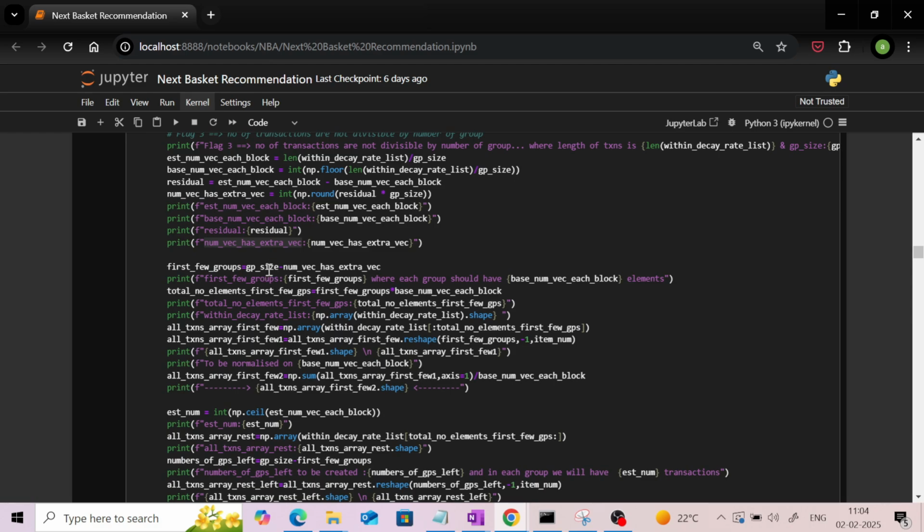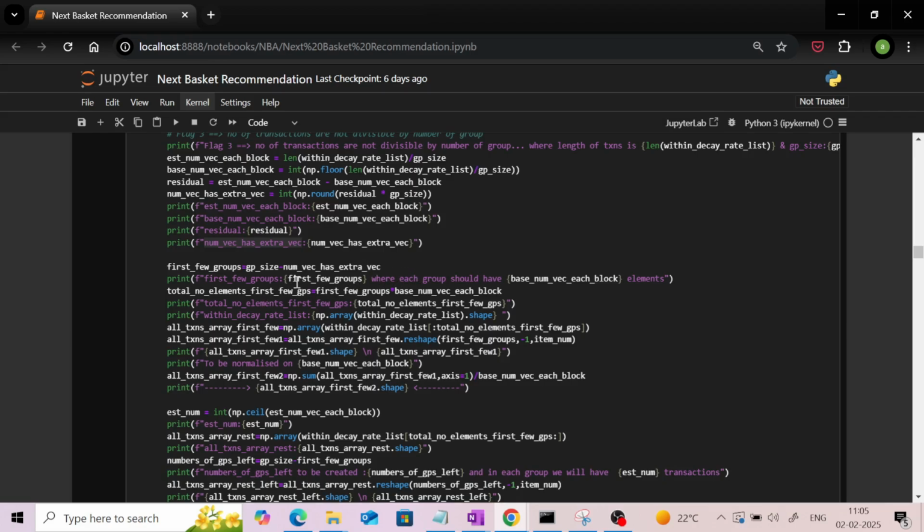So first thing we do is like first few groups. So in the first few group, we get like the group size minus the number of vector that has extra vector. So group size is here 7, and num vec has extra vec, which is coming from here is like 1. So first few groups are basically first 6 groups is what they're talking about.